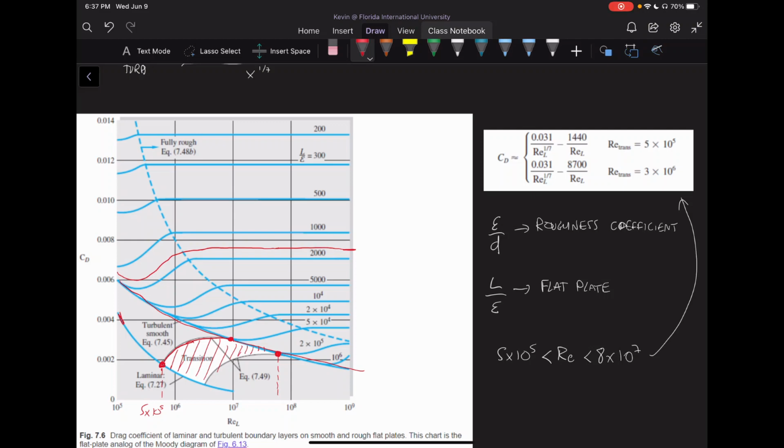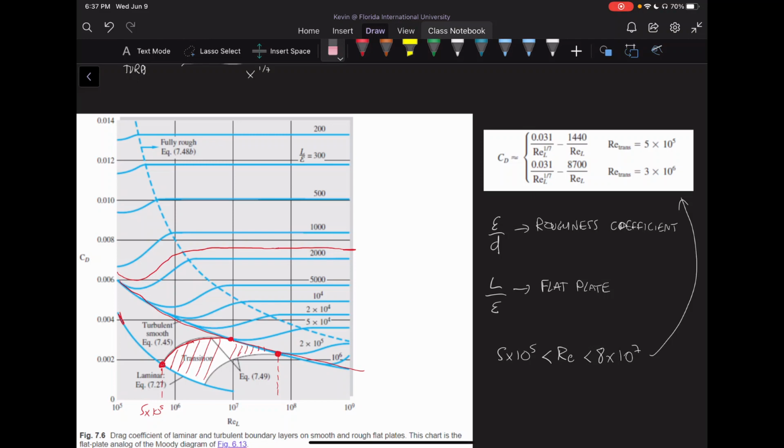We could have also in part A found our CD to be 0.03 by just plugging in our values and finding that it was going to be somewhere in this region right here. But we couldn't know that, so we used the equation instead. Now in part B, we have a rough wall, and we can see that as soon as you have a rough wall and the value is low for that L over epsilon, we're much higher than the transition region.